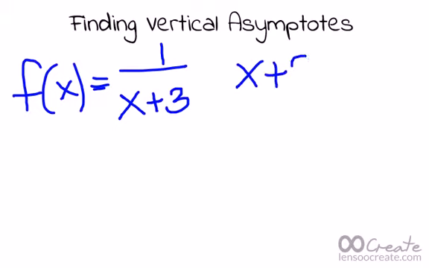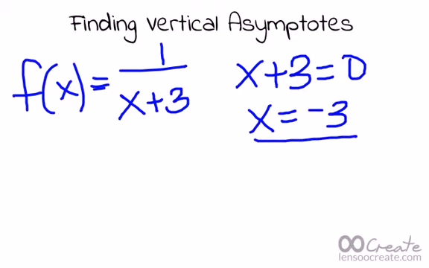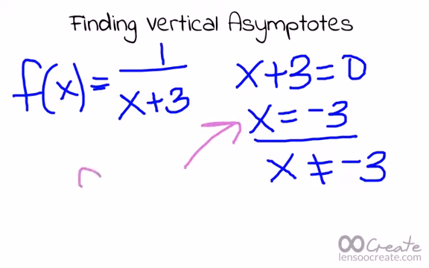I'm going to take the whole denominator and set it equal to 0 and solve for x. So x equals negative 3 will give me 0 in the denominator. So I can say that x cannot equal negative 3. This negative 3 for my x value is a vertical asymptote.